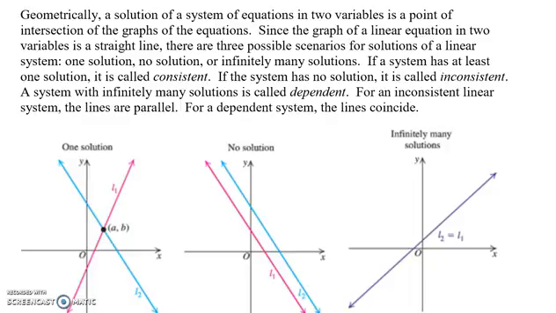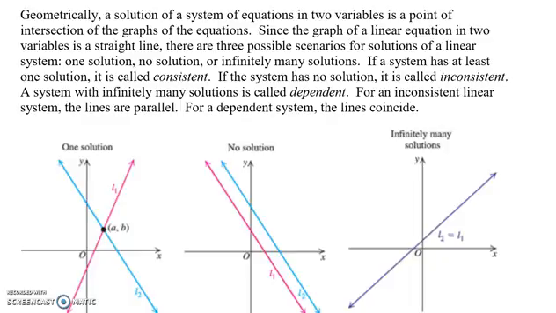This is due to the fact that any solution of the system has to be a solution of every equation in the system, which means it has to simultaneously lie on the graphs of those equations, which means it has to be a point where the graphs are intersecting. So solutions of systems of equations in two variables correspond to points of intersection of the graphs of those equations.